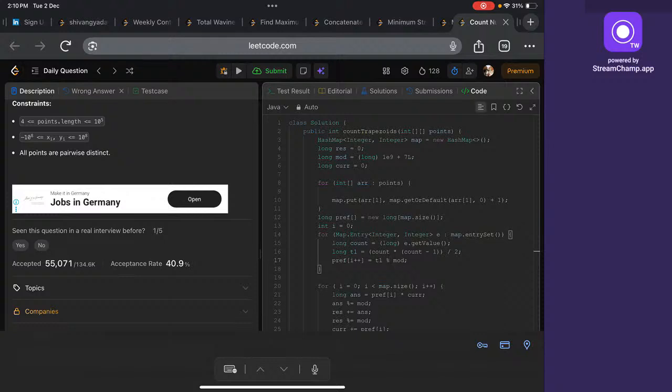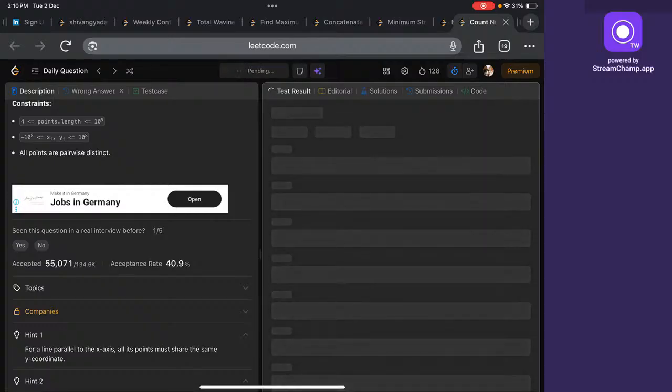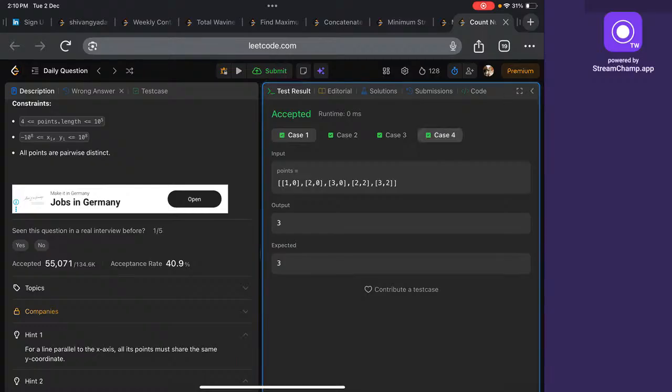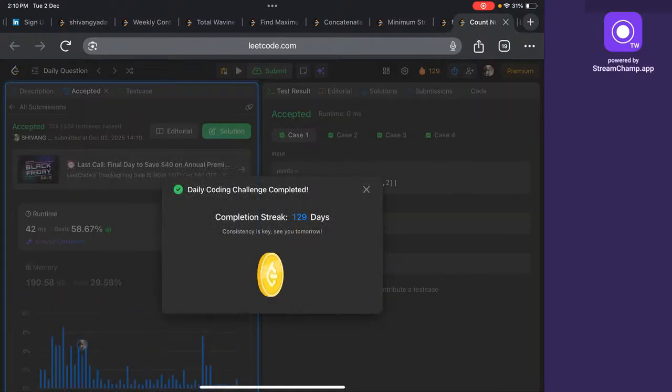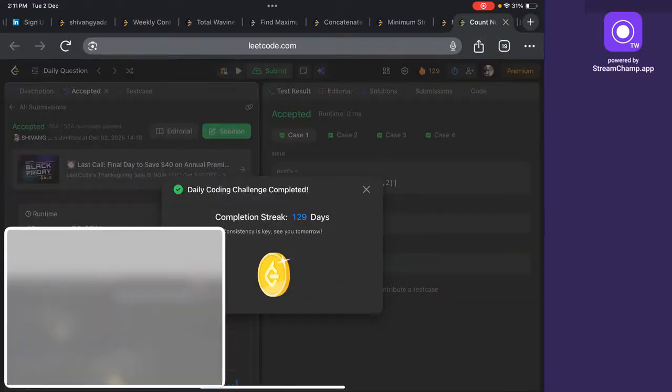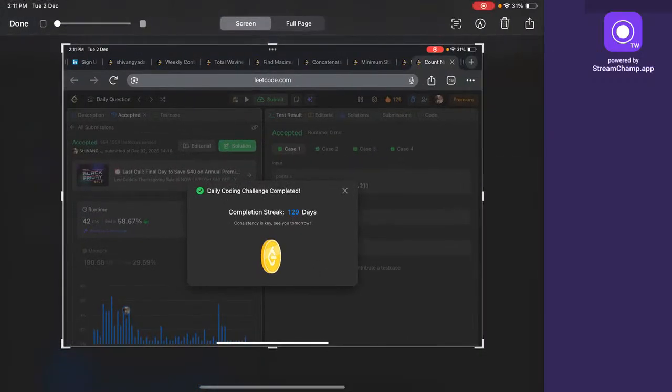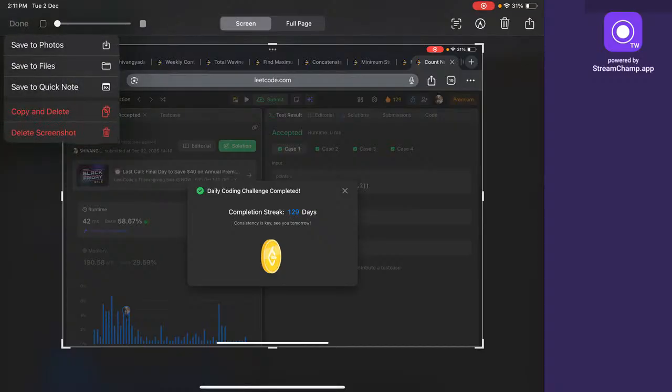So many errors. Now it's correct. Let's see. I've optimized it fairly. Prefix array, yeah, I got it. Let's screenshot this. Yeah, we are done. Save photos.